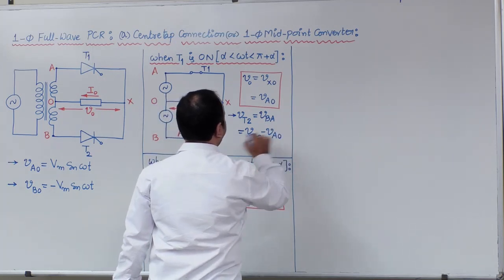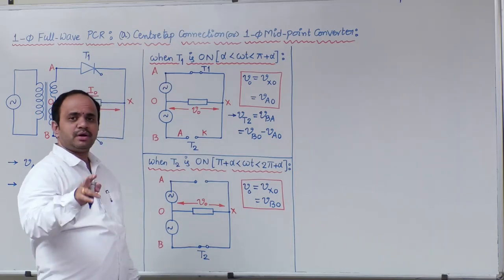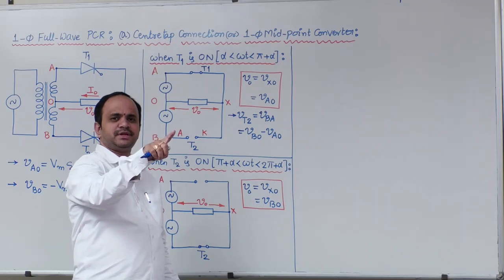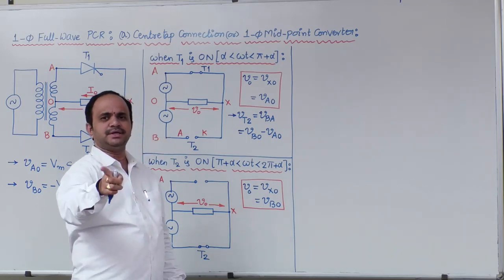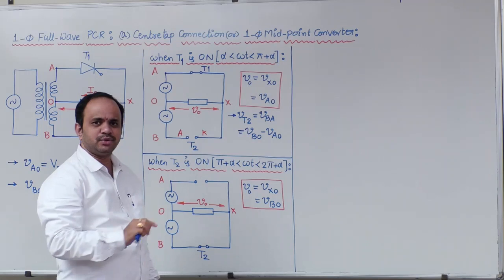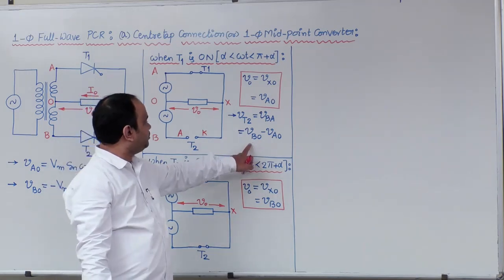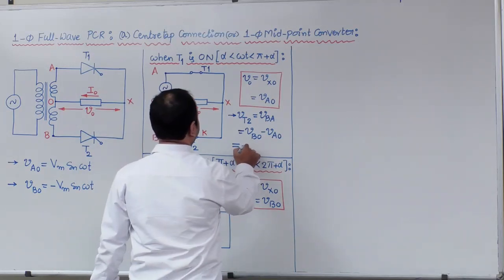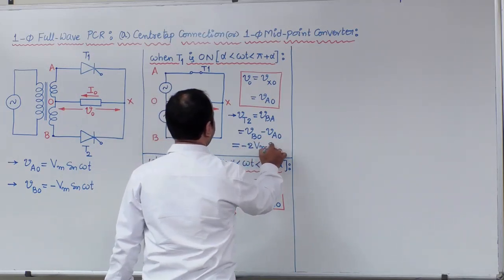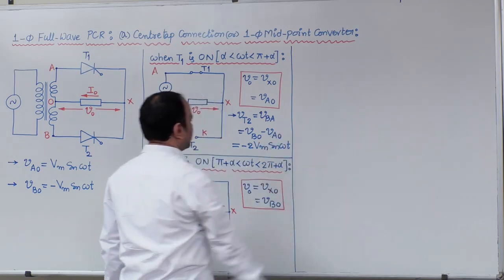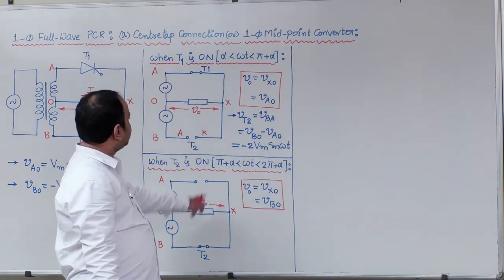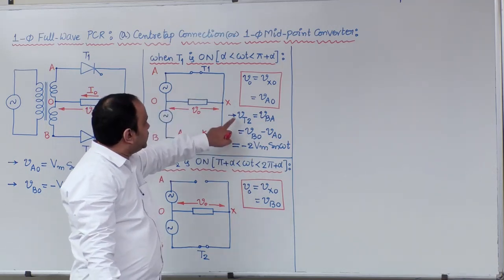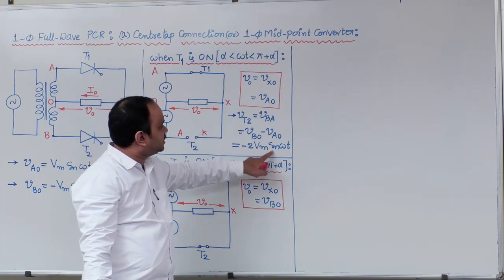So how can you define VBA? VBO minus VAO. Whenever you are writing voltage across two terminals, it is the voltage at the first terminal with respect to reference minus the voltage at the second terminal with respect to reference. So what is this value? Minus 2Vm sin omega t. Important point here: when T1 is on, T2 voltage is negative.